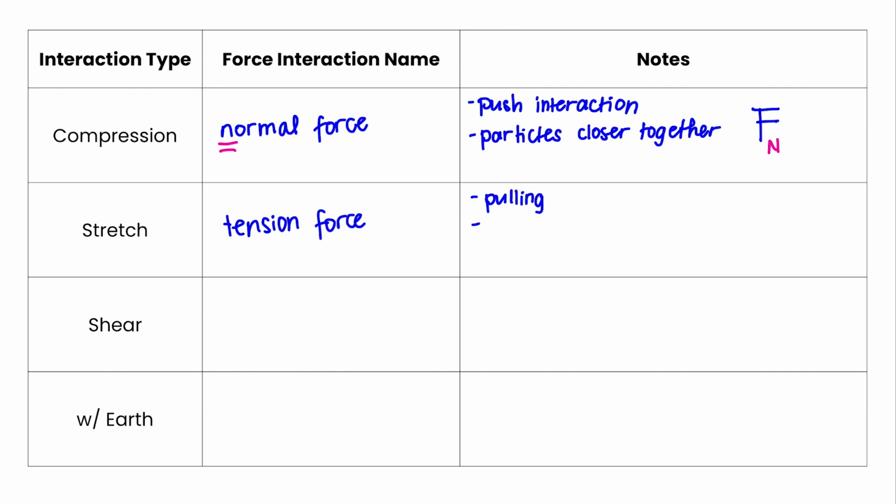They're pulling away from each other. You can physically see some sort of stretch. Okay. So that would be the tension force. And the symbol for that would be a F, and then a capital T for tension as the subscript.